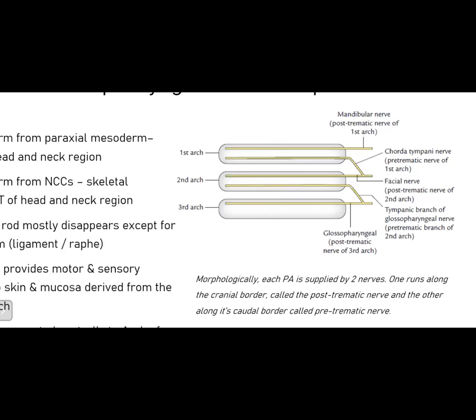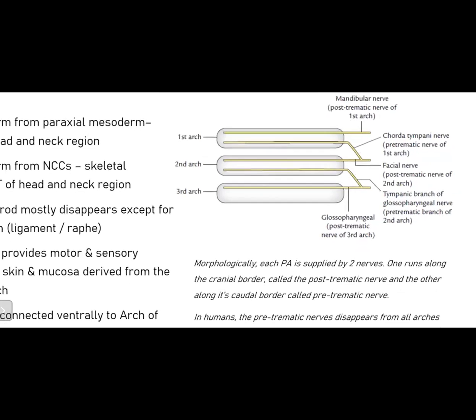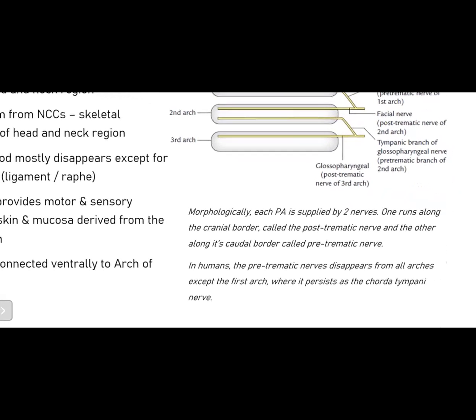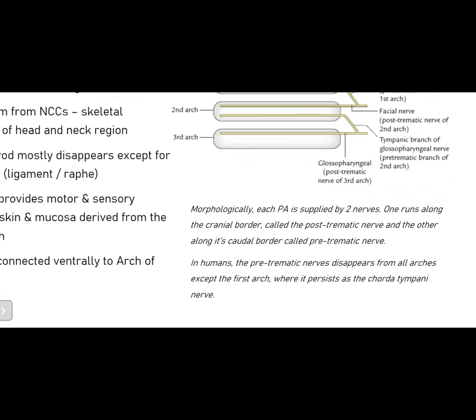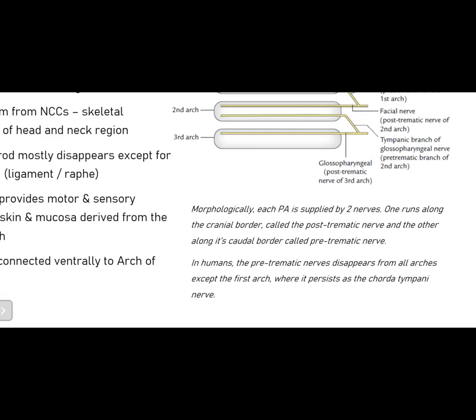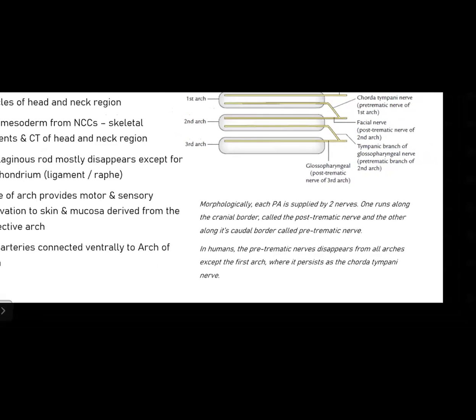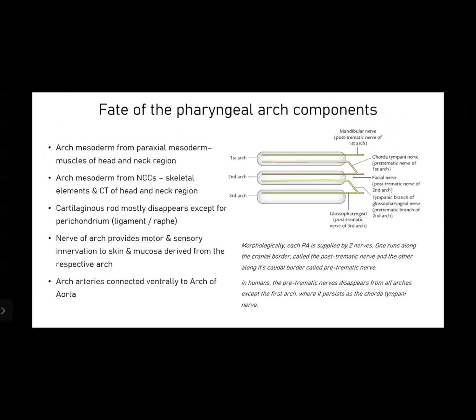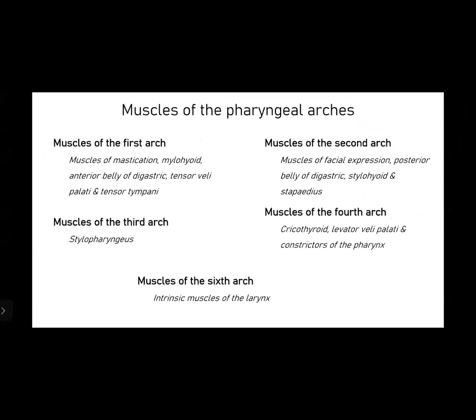Okay, so generally each pharyngeal arch is supplied by 2 nerves, one post-trematic and one pre-trematic. But most often the pre-trematic nerves will disappear from all arches except the first arch, where it will persist as the chorda tympani nerve. Okay, so that is something that you need to keep in mind. For all other arches except the first arch, the pre-trematic component disappears.